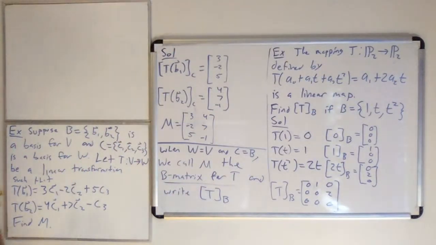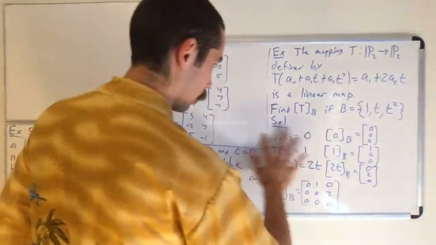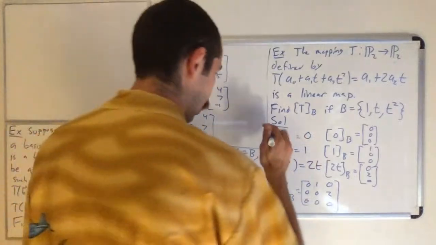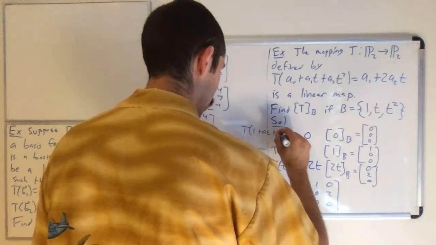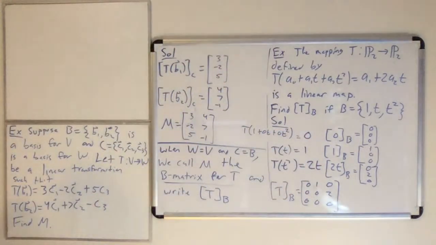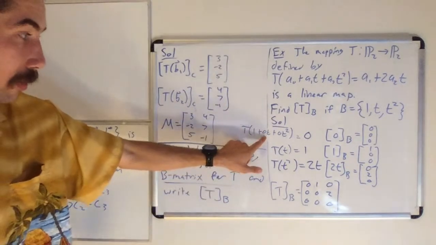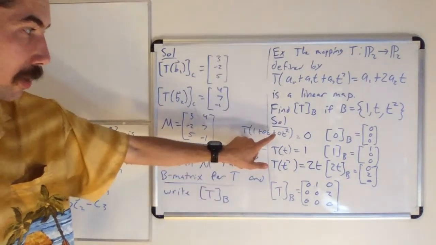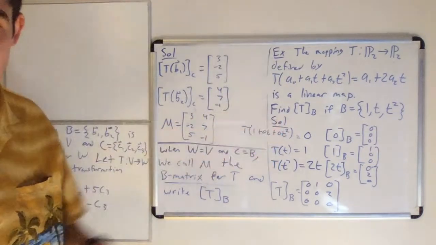Okay, so if you took the polynomial, just for clarity, maybe we could write it like T of 1 plus 0t plus 0t squared. Our map says, give me the coefficient of the linear term plus 2 times the coefficient of the squared term times t.